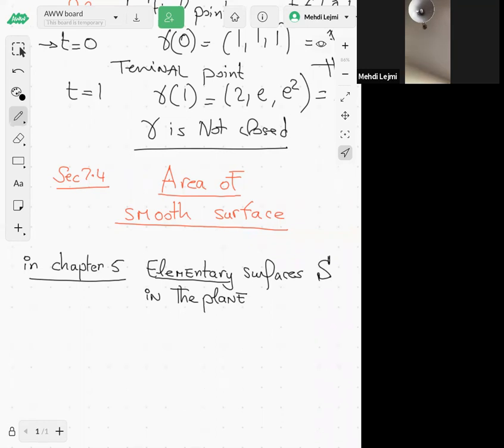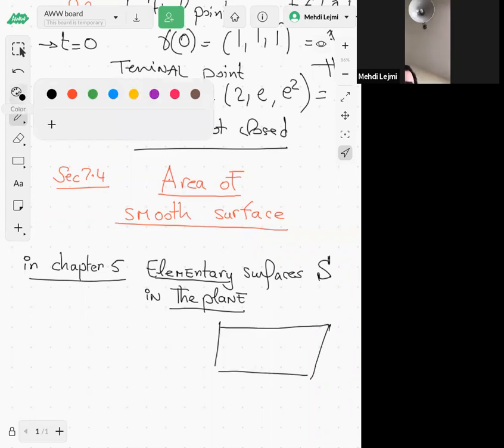So we had some restriction on the surface: it has to be elementary, and it's in the plane. Here is your plane, and we have some surface S here.